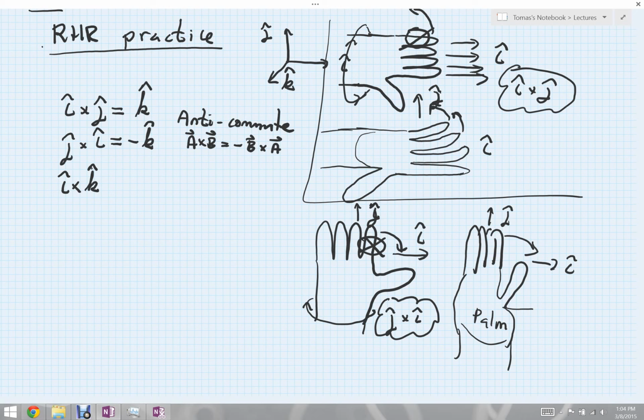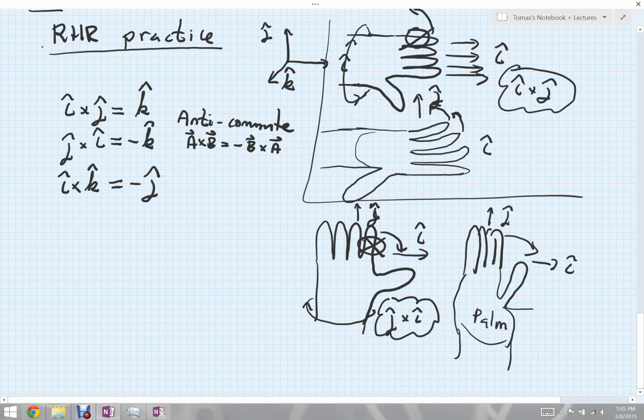You start rotating your wrist around until you find an orientation where you can naturally curl your fingers towards the K hat direction. You're going to really have to twist your hand around quite a bit, but your palm would be in the plane of the page so that you could curl towards K hat out of the page. Your thumb then, you'll notice, is pointing straight down, so that will come out to be minus J hat.